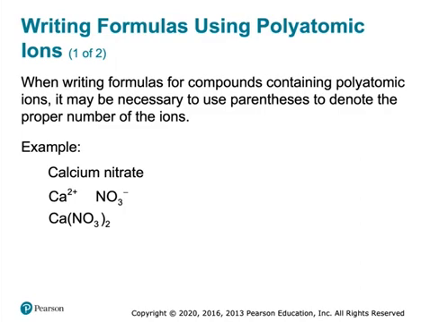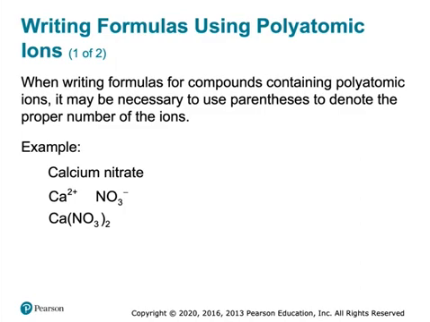So when you see NO3, that subscript on the bottom of the oxygen means there are 3 oxygens, and if there's nothing given, it means 1. So 1 nitrogen and 3 oxygens for nitrate, and then the 2 outside the parentheses means there are 2 of those units.